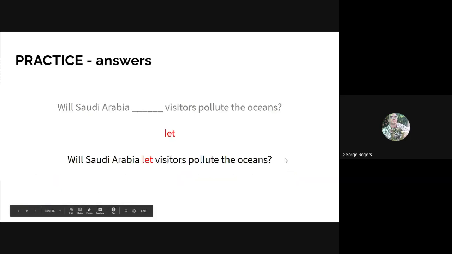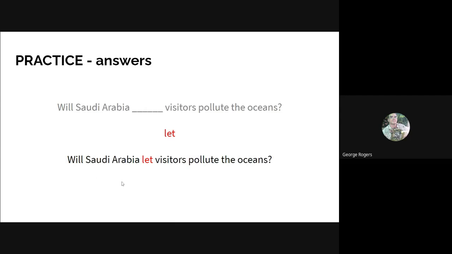The next one. Will Saudi Arabia blank visitors pollute the ocean? So this one is, will they allow them? Will Saudi Arabia let visitors pollute the ocean? So no "to," so that eliminates "get." And if you kind of put the other ones in there, will Saudi Arabia make visitors?